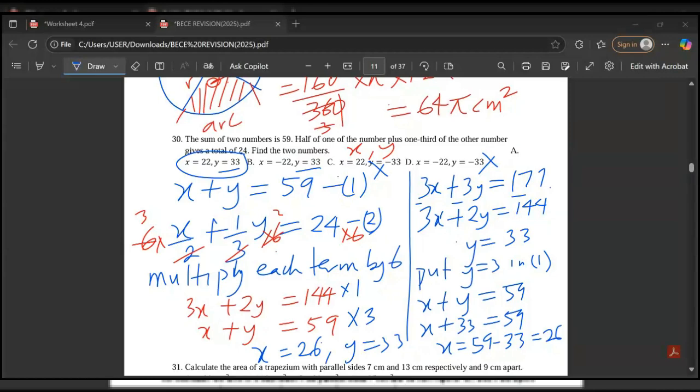Bisoye, you can talk now. You can ask a question. I have a question on change of subject of formula. V equals 1/3 pi r squared h.